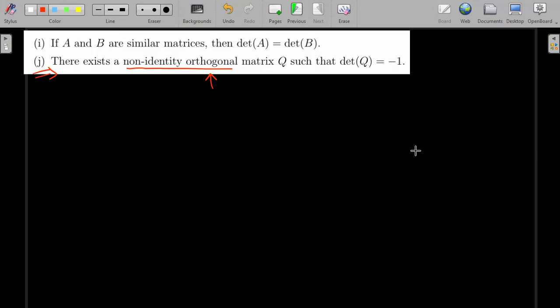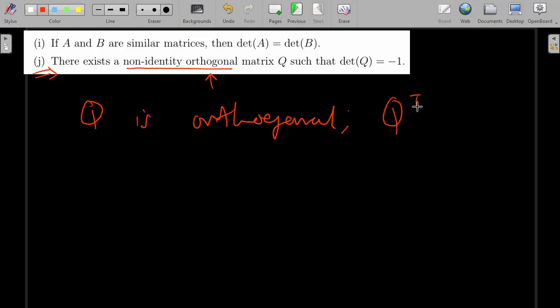So they are referring to any other matrix, but that matrix should be orthogonal. By definition, if matrix Q is orthogonal, then its transpose equals its inverse.